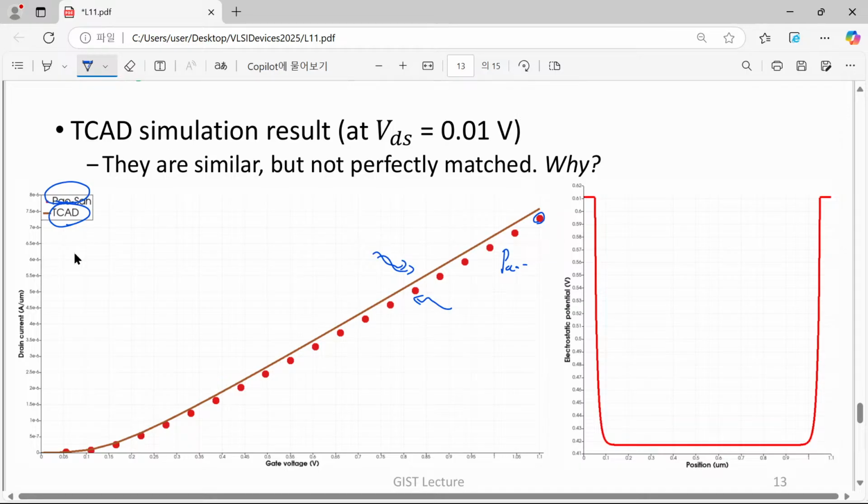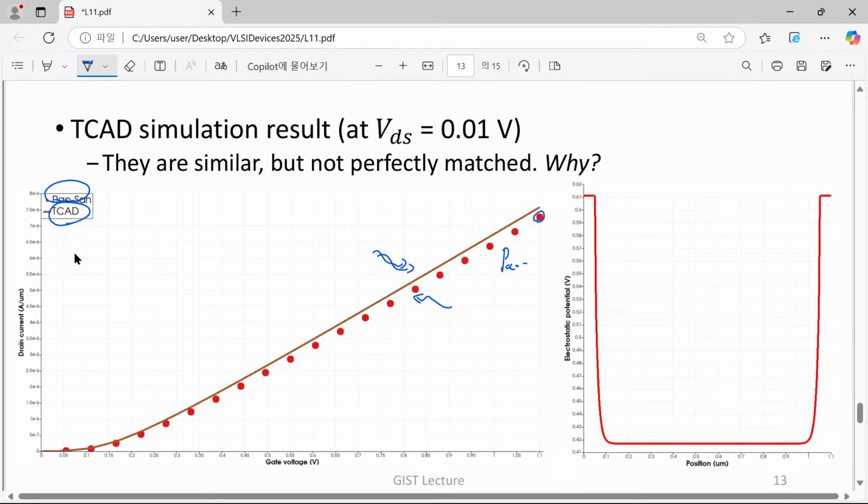And maybe you feel that, oh, they look similar, but already they show some differences. Why do we have differences? Maybe the Pao-Sah equation is not that perfect. In this case, it's not. The Pao-Sah equation is, in this case, good enough.